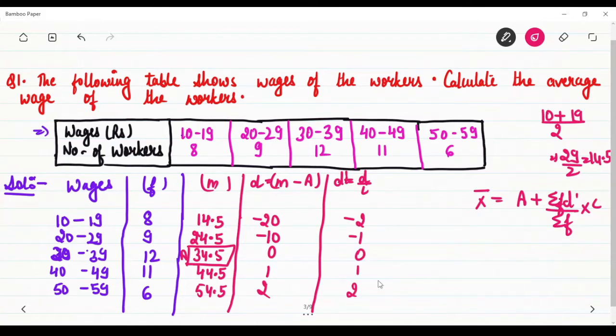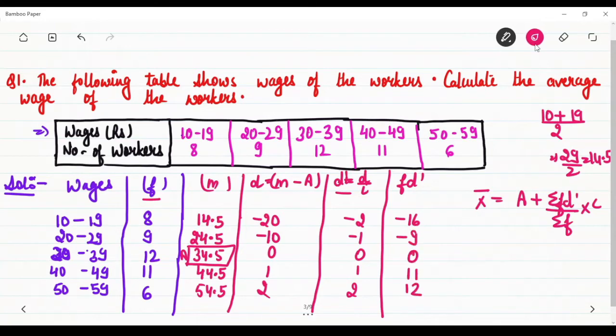And according to the formula, we also want fd dash. So fd dash means we need to multiply f by d dash. So what is 8 into minus 2? It is minus 16. Then minus 9, it is 0, 11 and 12.